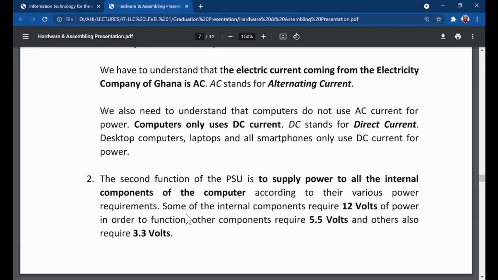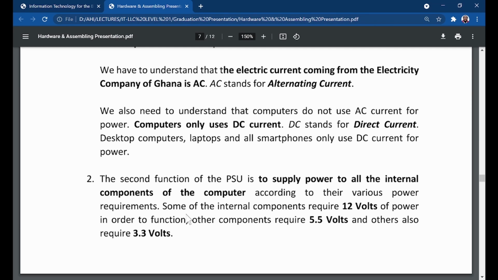Every component needs power. Without power, no component can function. And so the job of the power supply unit is to supply power to every component inside the case based on their individual power requirements, because some of them need 12 volts, some need 5 volts, some need 5.5, some need 3.3 volts.